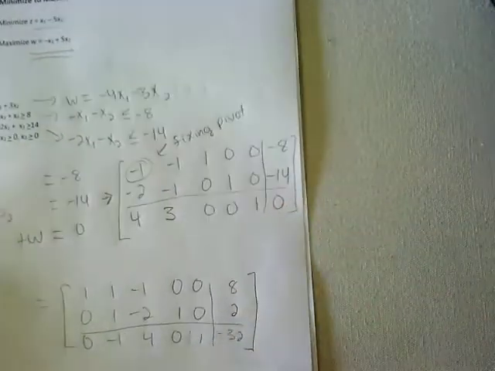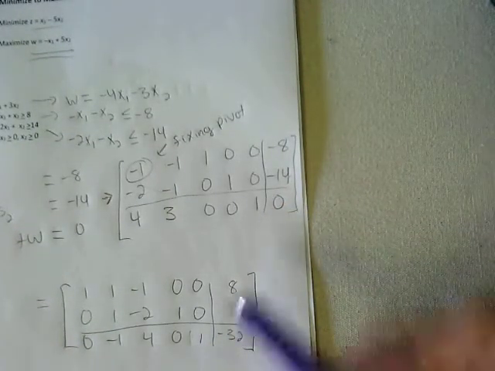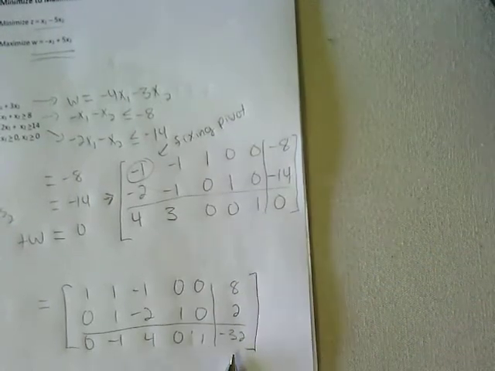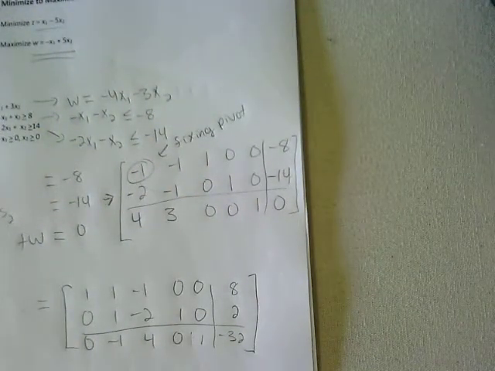There we go. Now, we fixed this problem of having negative constants, because this one can be negative, and actually it probably will be, because I have a minimize to begin with, and that's typically what's going to happen.